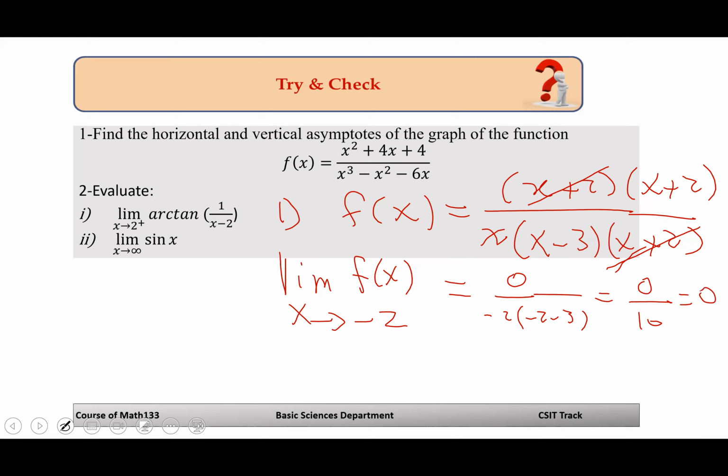That means that x equal to minus 2 is not a vertical asymptote, since the limit is not plus or minus infinity. So this is excluded. And you see here that it was a possible candidate, but we concluded that it is not a vertical asymptote. Okay. Now, what about x approaches 3?